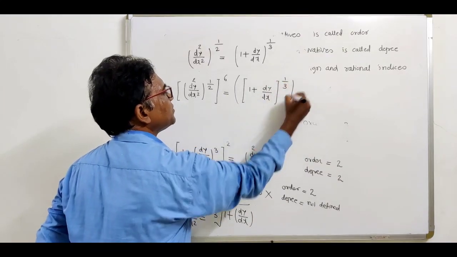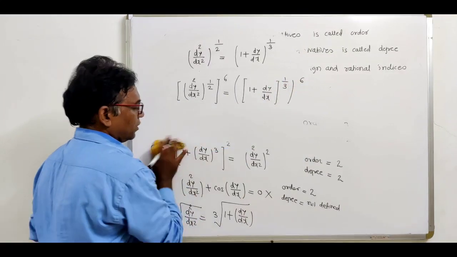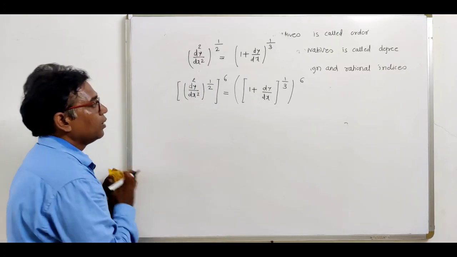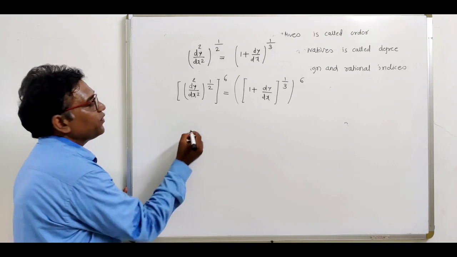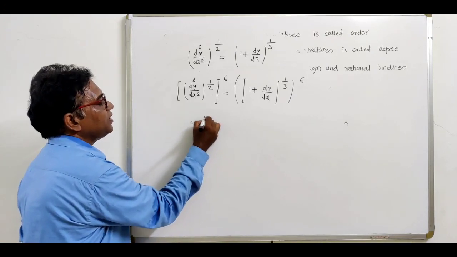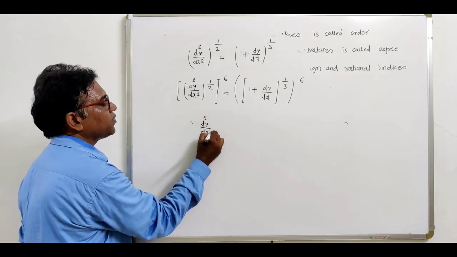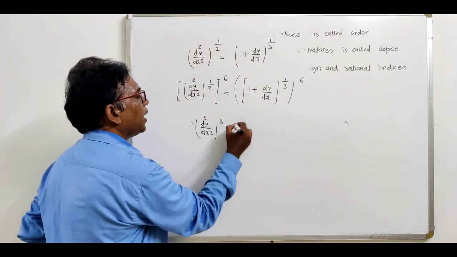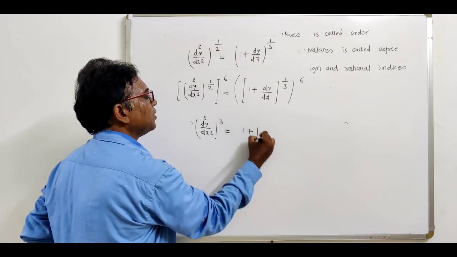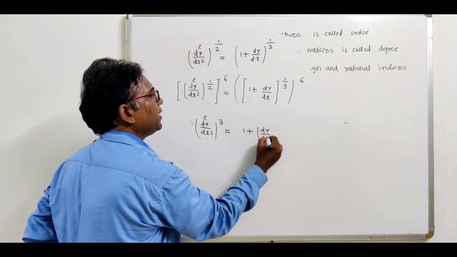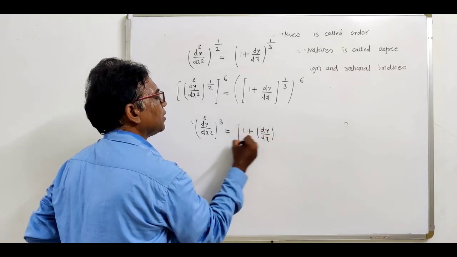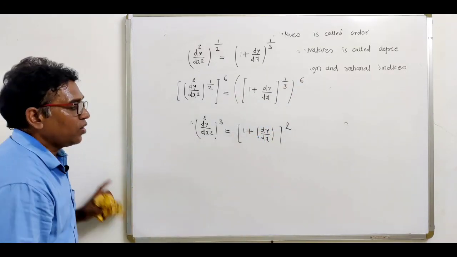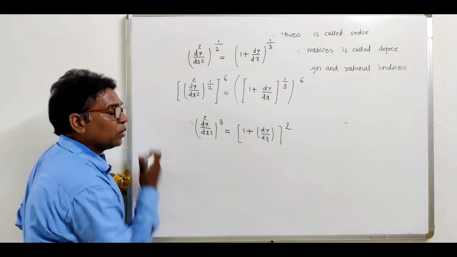Now raise this differential equation to the power 6. So what do we get? This is d square y by dx square, now this is bracket cube. These two get cancelled. And this term is 1 plus dy by dx. This 3 gets cancelled, which means this is bracket square. Now this is the proper form, which is the polynomial form.